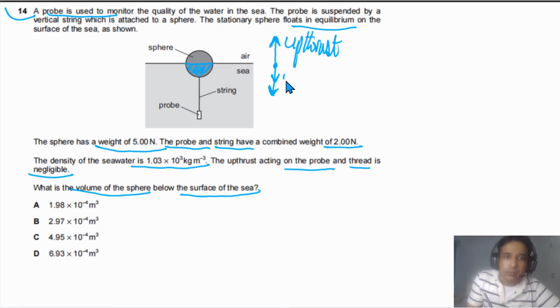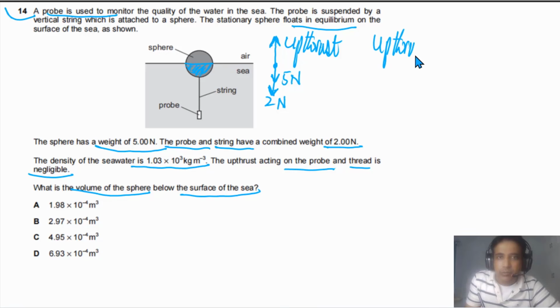One is the weight of the sphere, that is equal to 5 newtons, and we have the weight of the probe and the weight of the string, and the combined weight is equal to 2 newtons. So 2 newtons is acting down. So in this case we can simply write upthrust is equal to 7 newtons, and upthrust is equal to the weight of fluid displaced. So very important one, weight of fluid displaced.